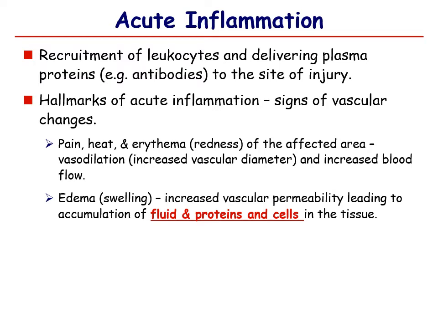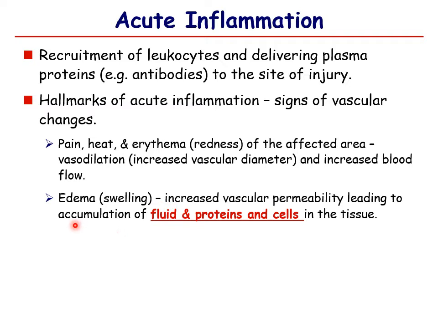The physiological consequences of acute inflammatory responses are recruitment of leukocytes and delivery of plasma proteins to the site of injury. These physiological consequences involve vascular changes, and therefore the hallmarks of acute inflammation are pain, heat, and erythema, which means redness of the affected area due to vasodilation and increased blood flow.